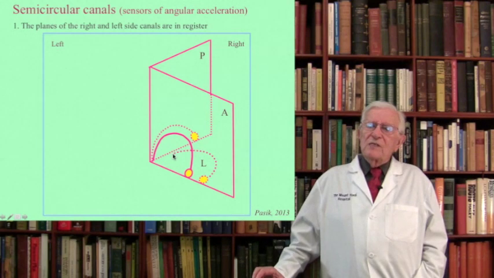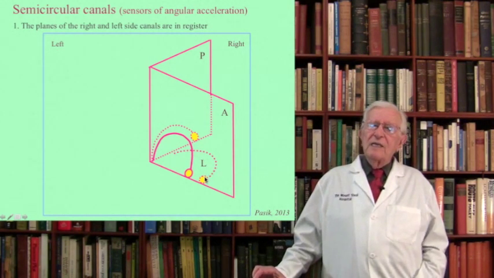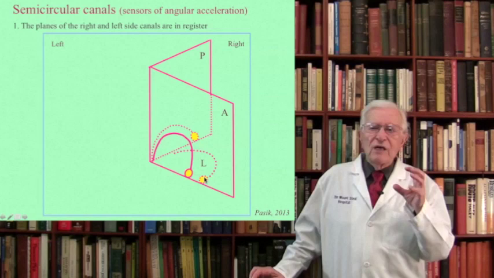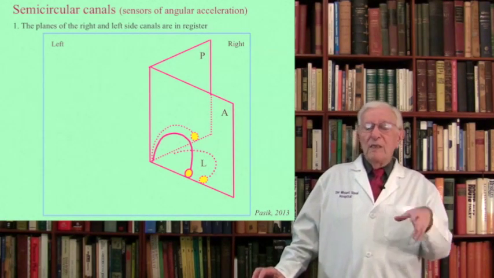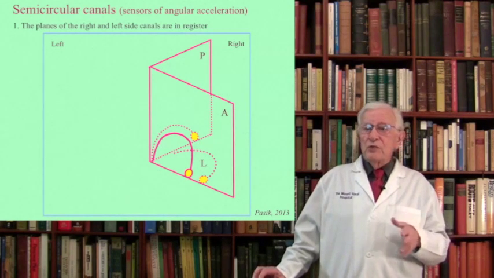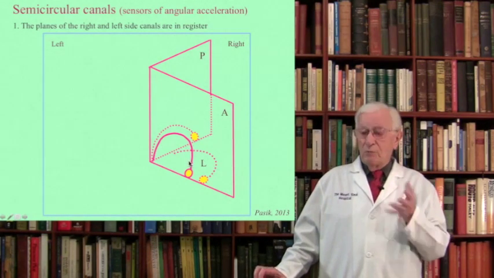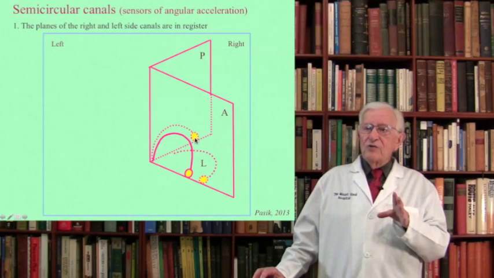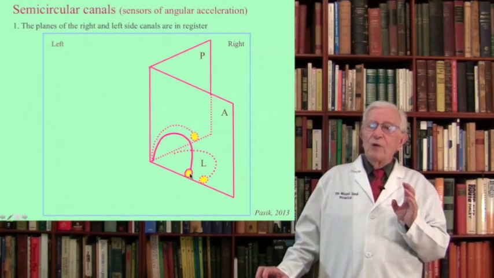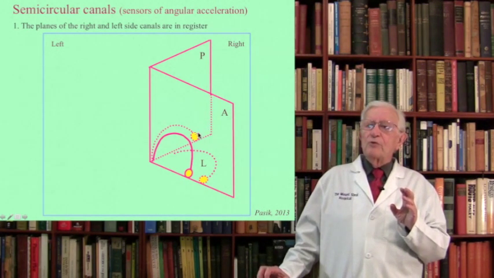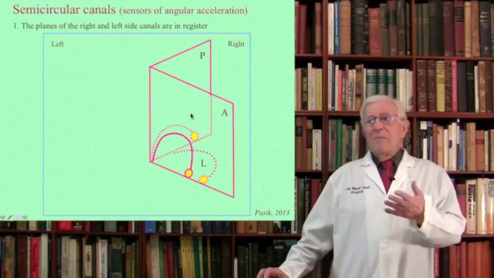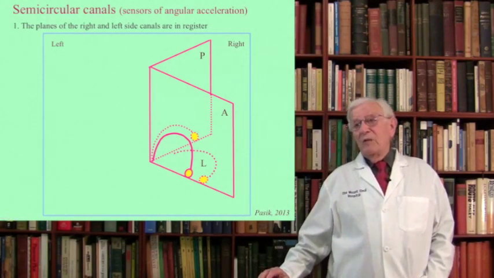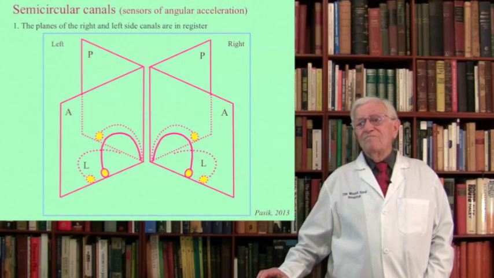You see here the relationship of where the receptors are located: the ampulla of the anterior canal and the lateral canal are very close together, whereas the ampulla of the posterior canal is away from those two. This happens on the right side. On the left side, it is just a mirror image of that.